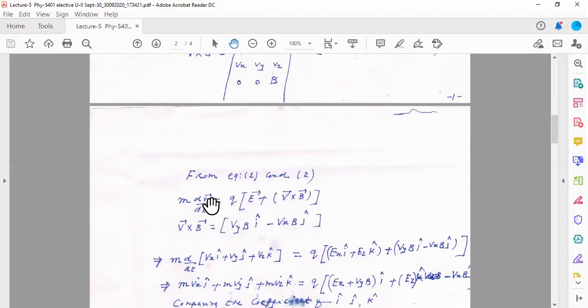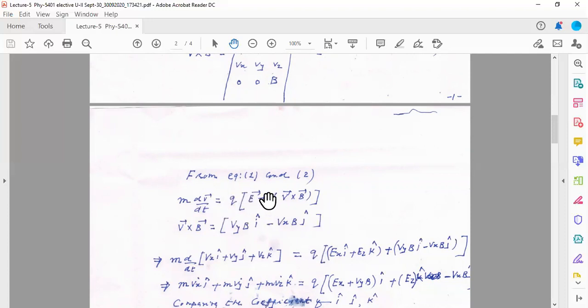Now I write the vector V in the Cartesian coordinate system in equation number one. So I write m d by dt of the velocity vector V, that is Vx i, Vy j, Vz k, and this is the charge Q carried by the particle.